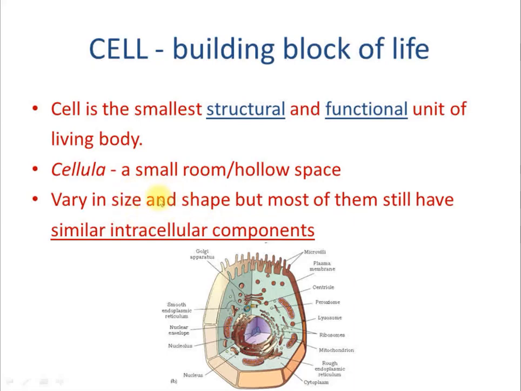And as this sentence says, even though there is variation in size and shape, some cells are as small as 4 or 5 micrometer, some are as big as 100 micrometer, and still the components are the same, right? Even with variation of shape, some cells are oval, some rectangular, columnar, cube-like structures, but still the components remain the same.